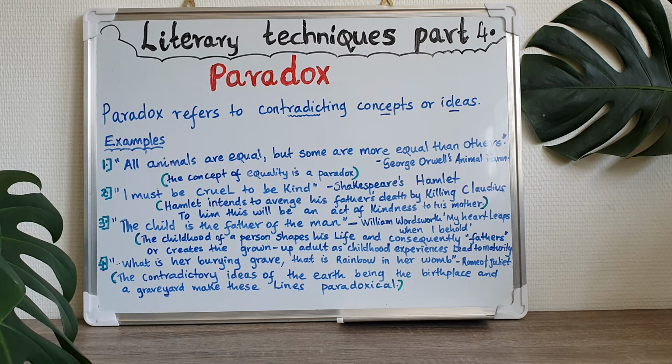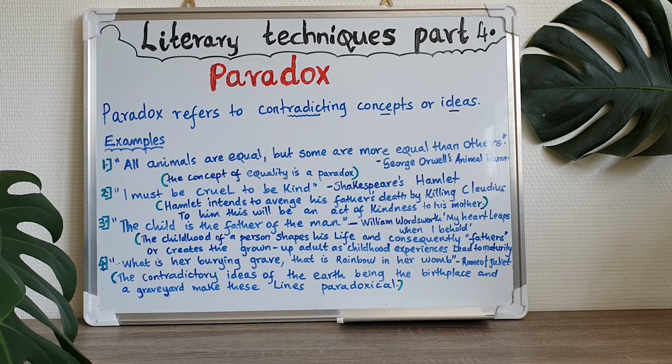Now, when Hamlet tells these words to his mother, basically he is trying to explain the fact that he intends to avenge his father's death by killing King Claudius, okay?